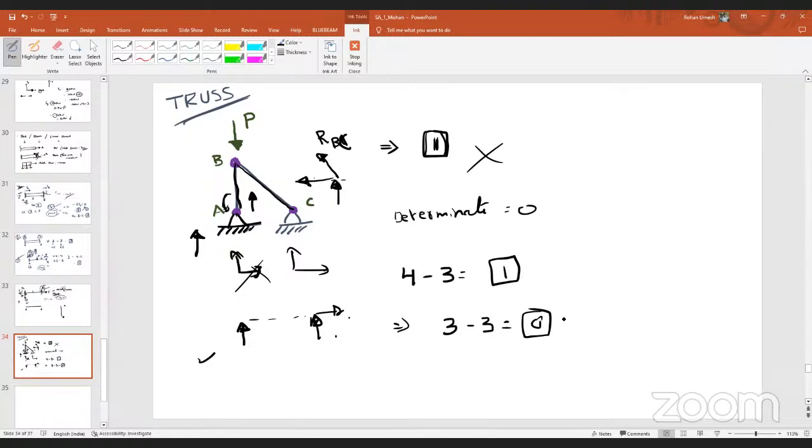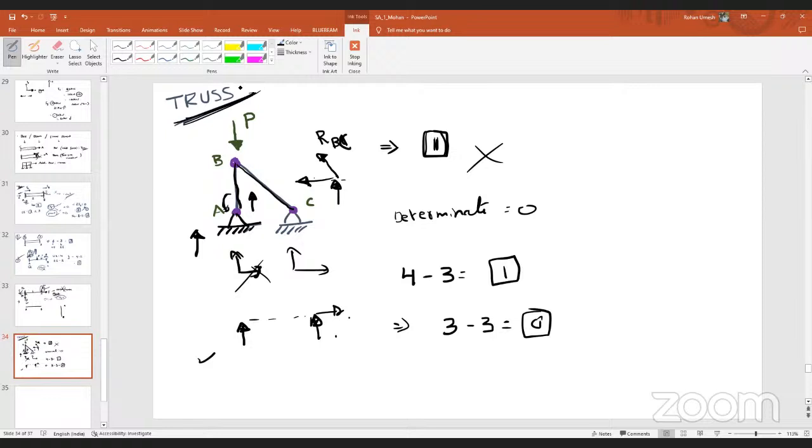In this case, why have I considered only one unknown reaction at support A? Sir, is this because of the inclined member in trusses, or will it be in framed structures also? No, this is only for the truss.